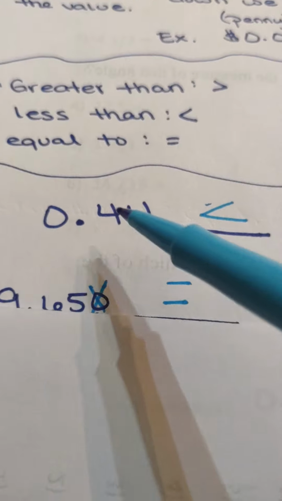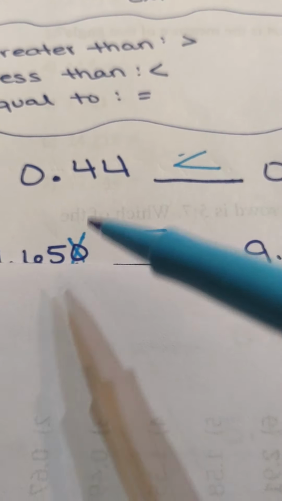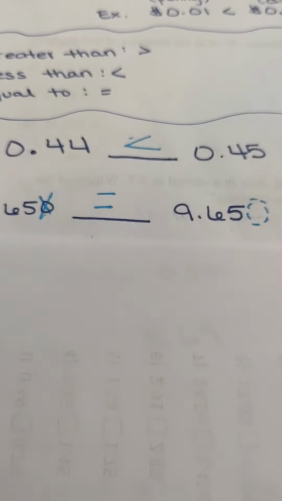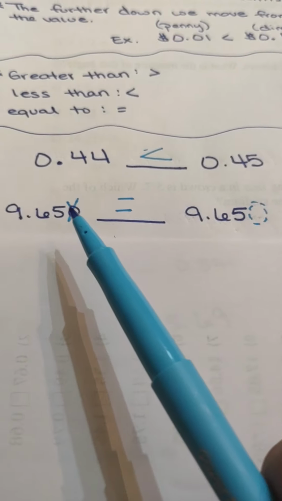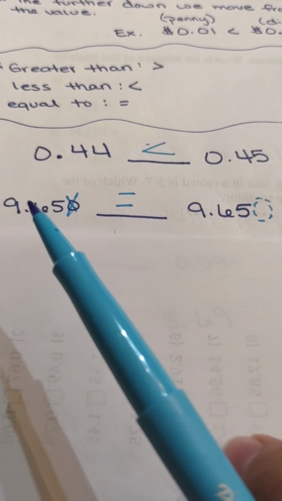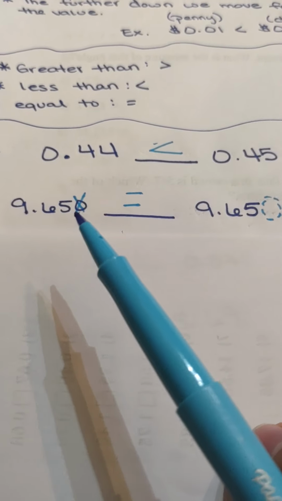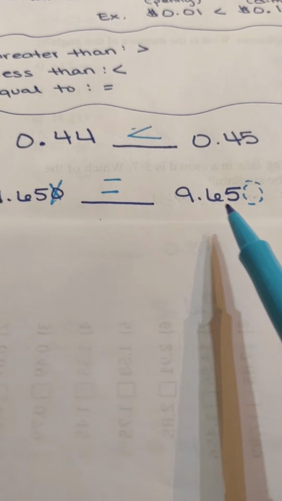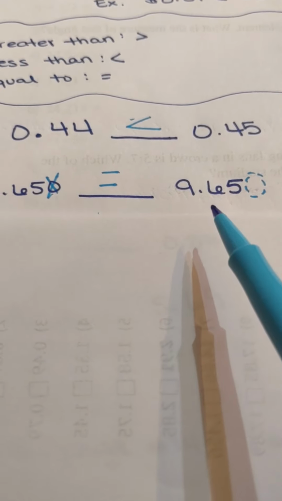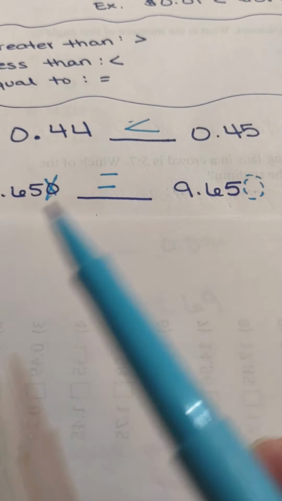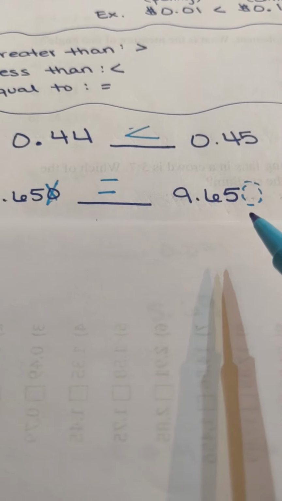But if a 0 is in between numbers or it's the first number, you cannot omit it, only when it's at the very end. So these two are actually equivalent values. One decided to include the 0, which didn't change the value of this 9.65. In this case, they decided not to include the 0. But it's exactly the same thing. I could put it there, and it doesn't change the value, so I don't have to include it.